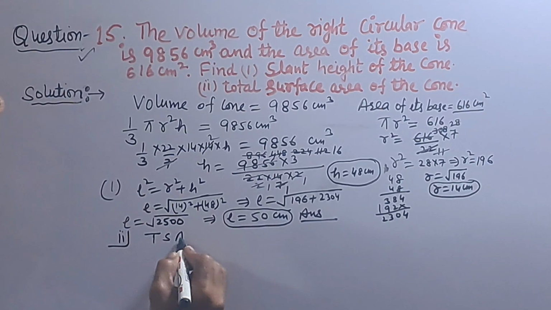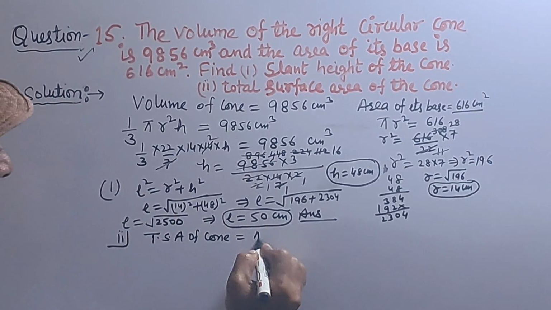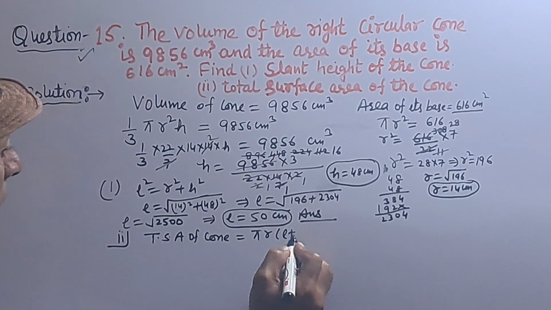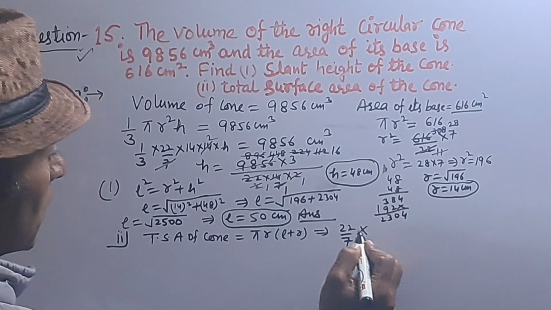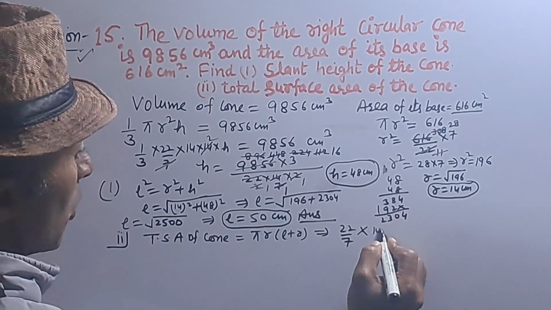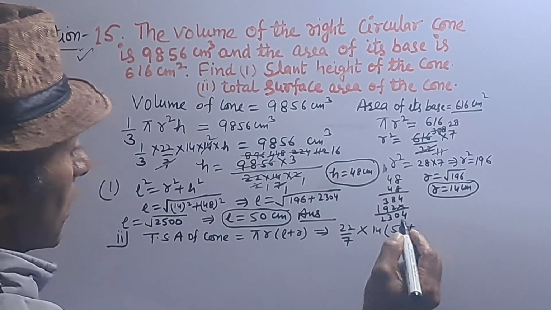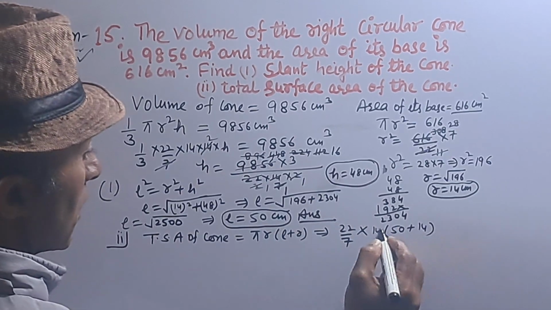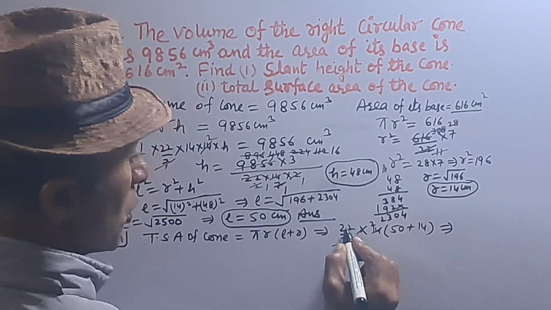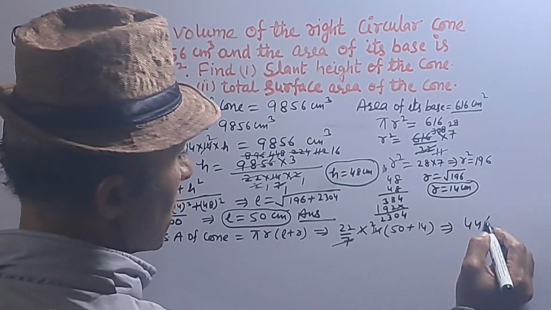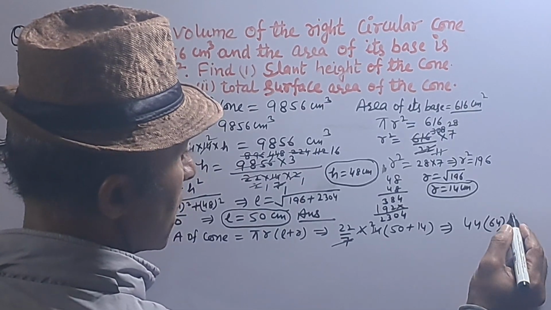Total surface area of cone, that is pi r into L plus r, which implies 22 upon 7 into radius is 14 and slant height is 50, radius is 14. 7 2s are 14, which implies 22, 2 into 64 centimeter square.